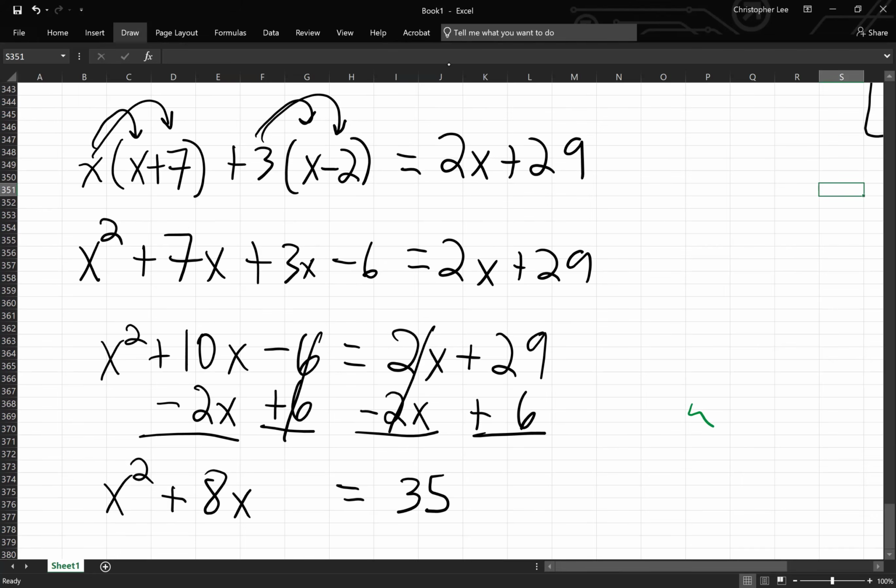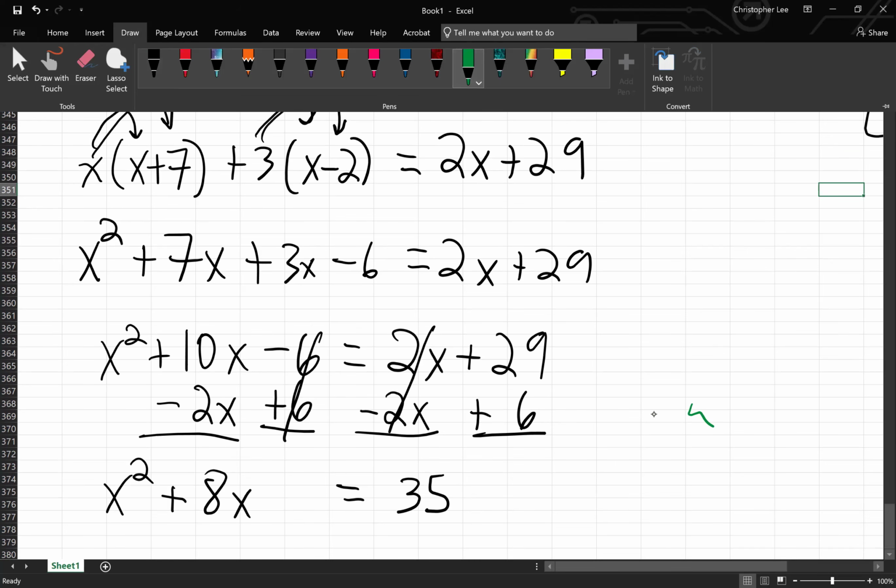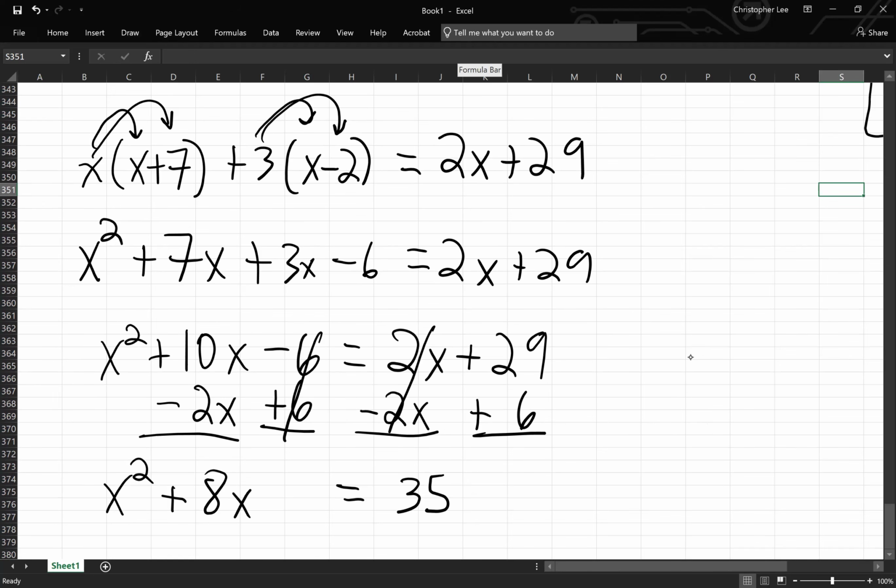But what's my magic formula again? Yeah, so we have negative b over 2a, squared, right? And we're going to plug in our numbers.